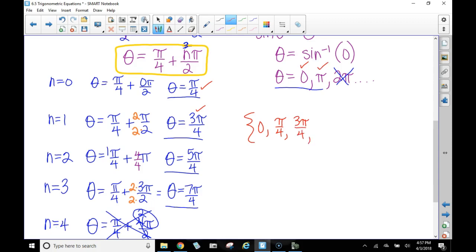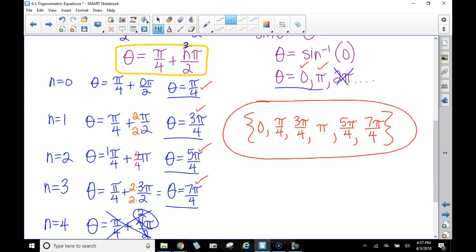Next is pi, 4 pi over 4, or just pi. Next, we're going to have 5 pi over 4. And then the largest is 7 pi over 4. If we're going to write those all in order, there's our final answer.